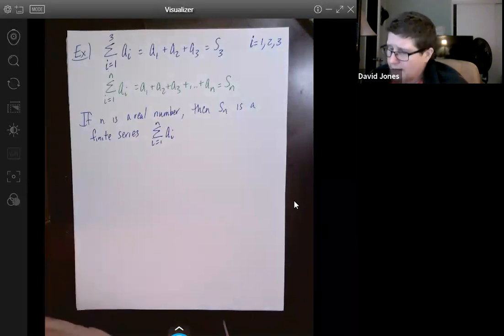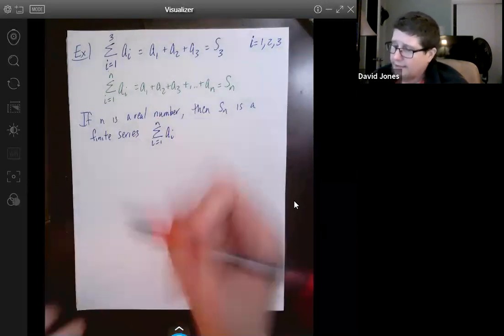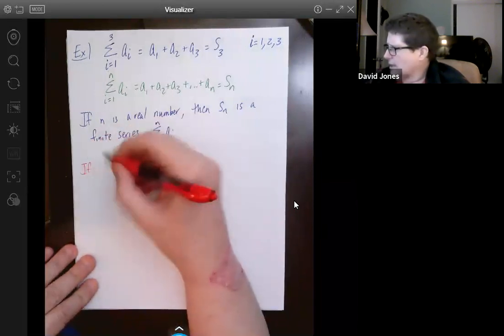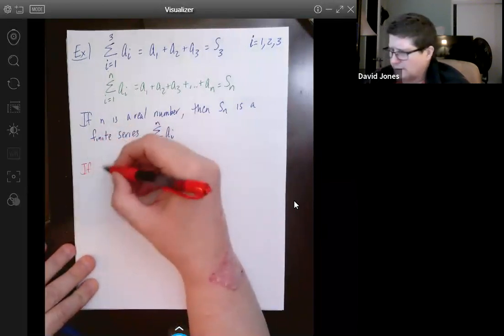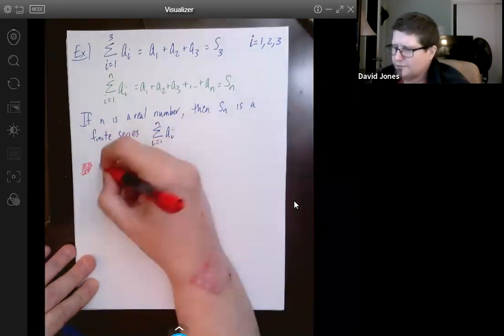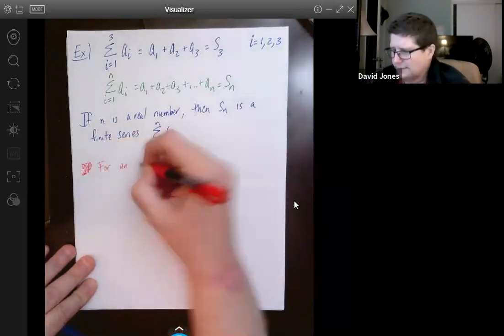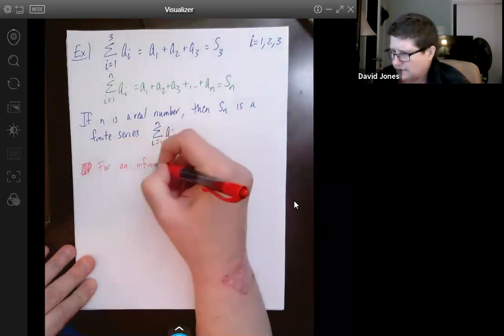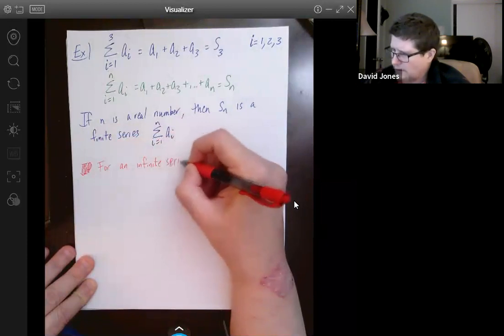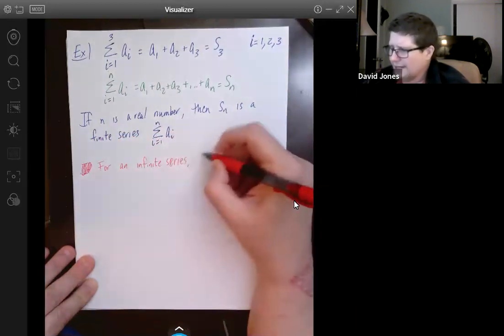If n keeps going forever, if n is infinite, let me say that's a finite series. For an infinite series, that's the sum of an infinite sequence.